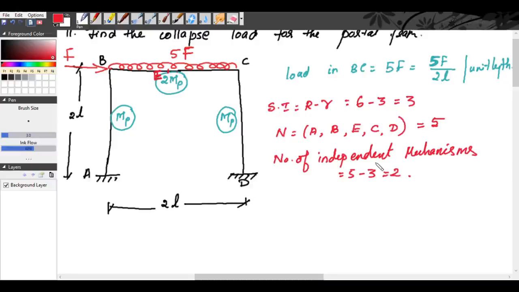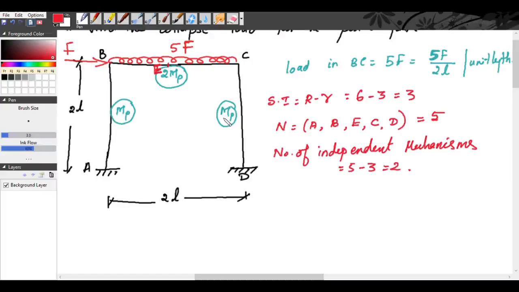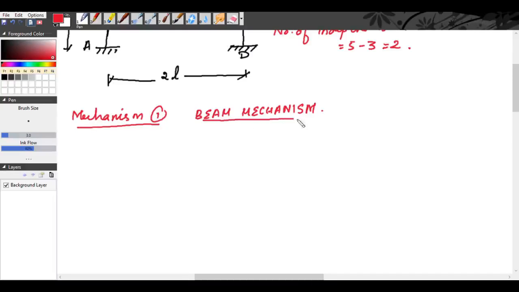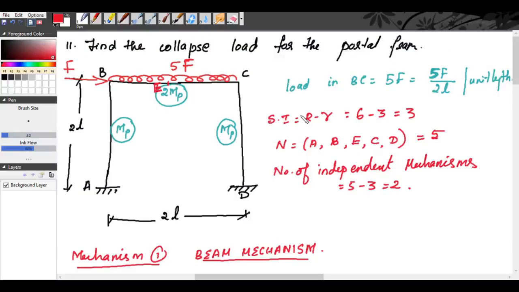So we will have the beam mechanism, the sway mechanism and a combination of beam and sway mechanism. Mechanism 1 is the beam mechanism. We have a beam BC, length is 2L. The total load is 5F, or unit load per length is 5F by 2L.